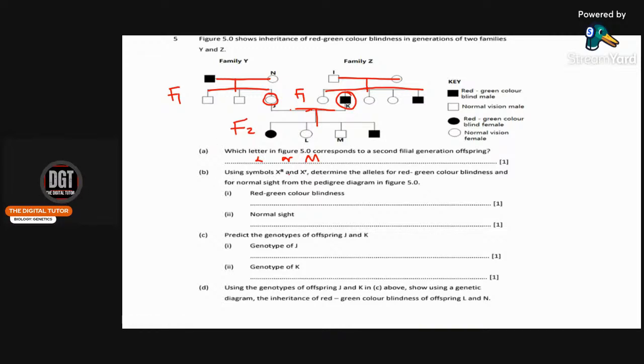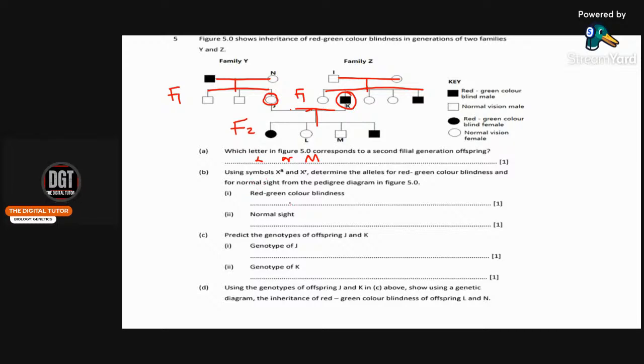Using the symbols X^R and X^r, capital letter R and small r, determine the allele for the red color blindness and for the normal sight of the pedigree diagram. So now we are determining the allele for the color blindness. This is in both male and female.